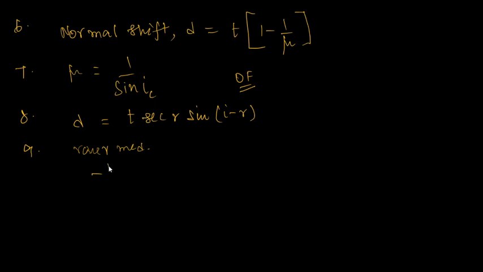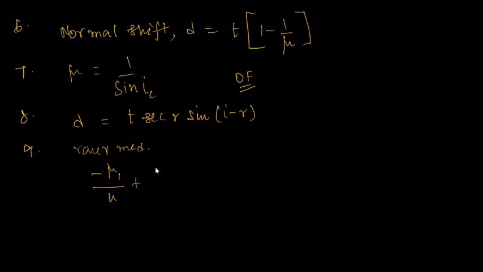minus mu 1 divided by u plus mu 2 divided by v is equal to mu 2 minus mu 1 divided by r. I already indicated that 1 represents the first medium, that is the rarer medium, and 2 represents the denser medium. So when I say mu 1, it is the refractive index of the rarer medium, and u is the object distance.